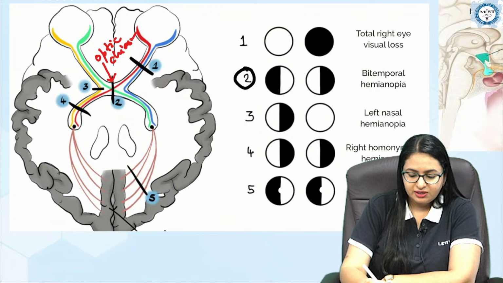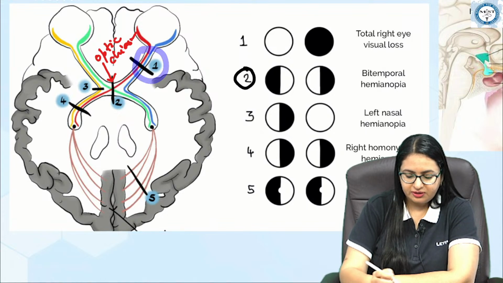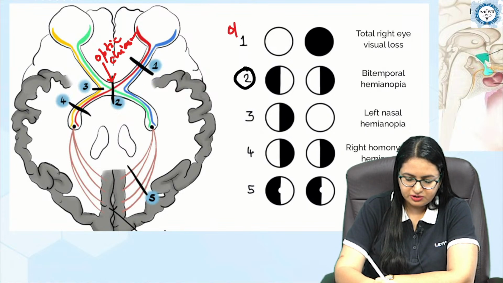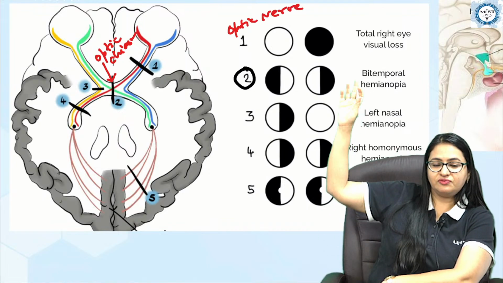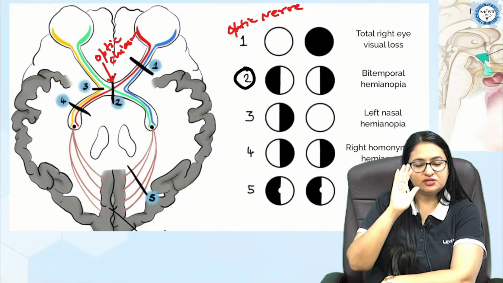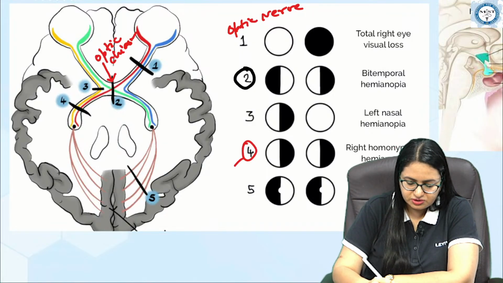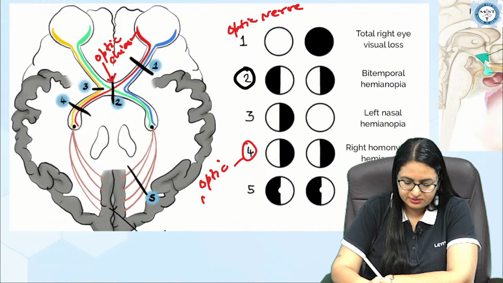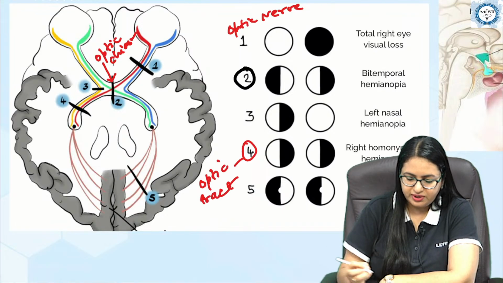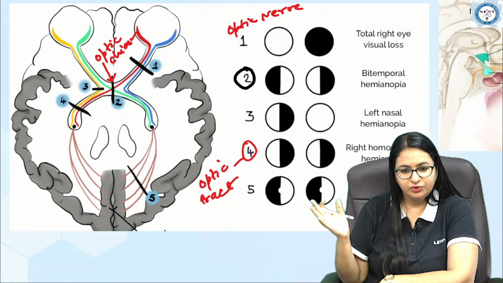The first one represents an optic nerve lesion, which gives monocular visual loss, only one eye affected, and the fourth one shows the optic tract, in which you have homonymous hemianopia.